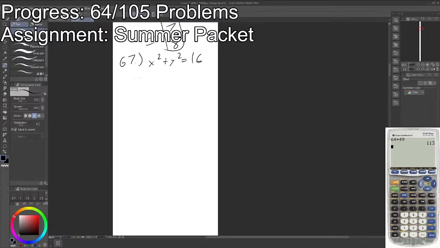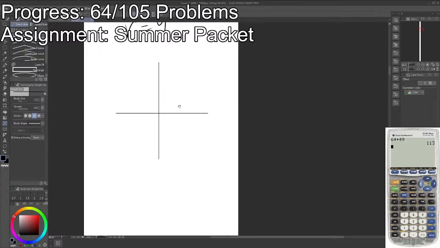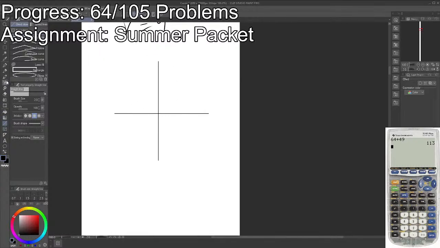Okay, so this is a circle centered at the origin, and r squared equals 16, so r equals 4. So easy.